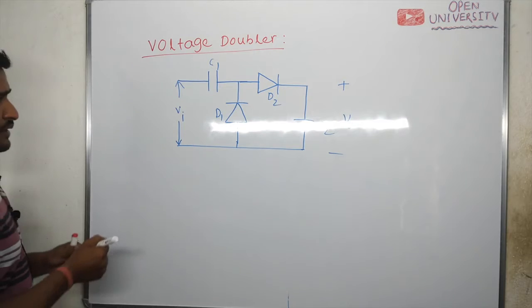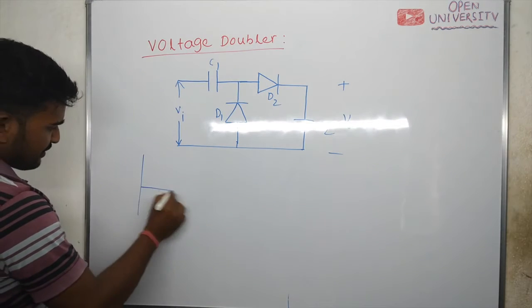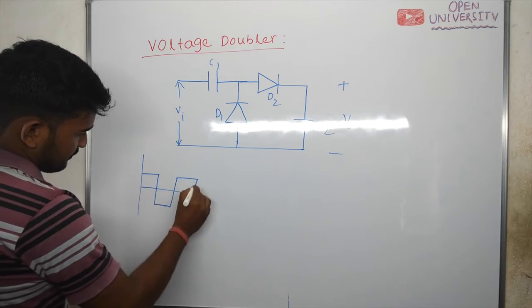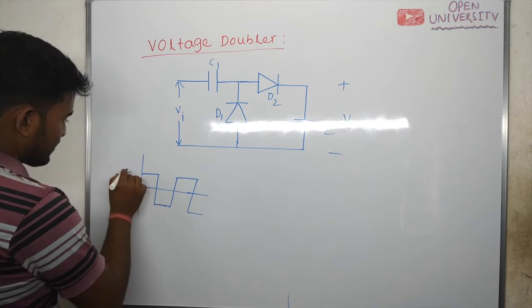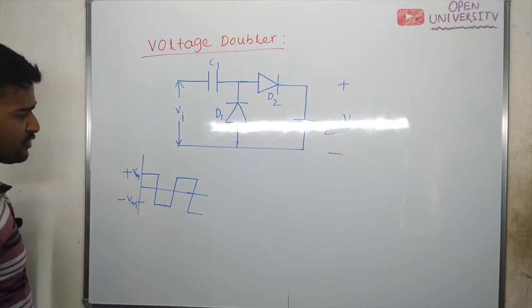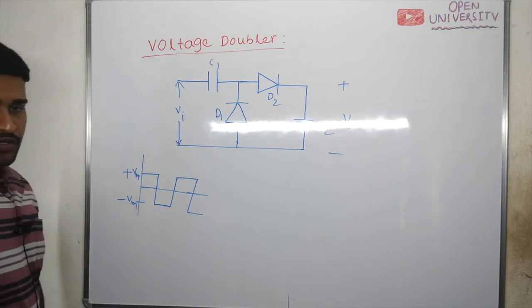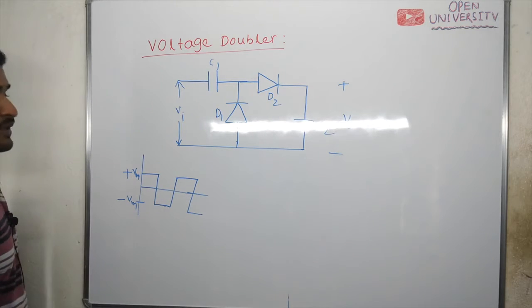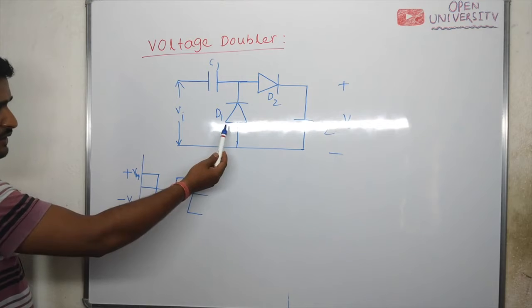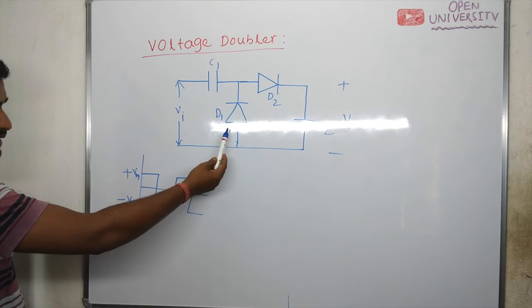I am assuming Vi be plus minus Vm square wave signal, having maximum value plus Vm and minimum value minus Vm. Now what happens? During the negative half cycle, this diode will be forward biased.